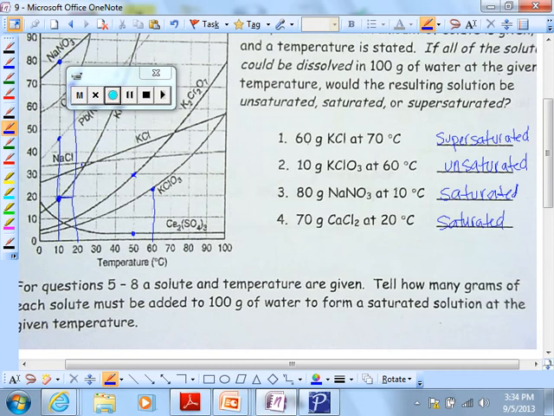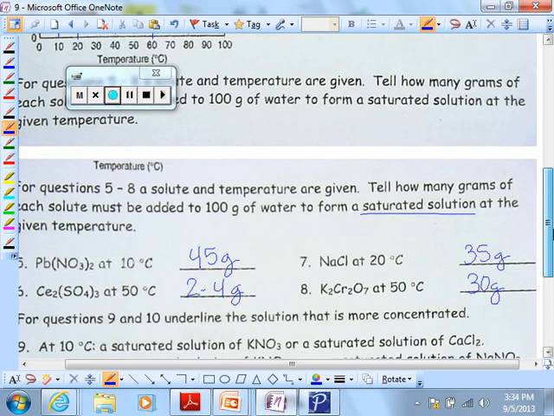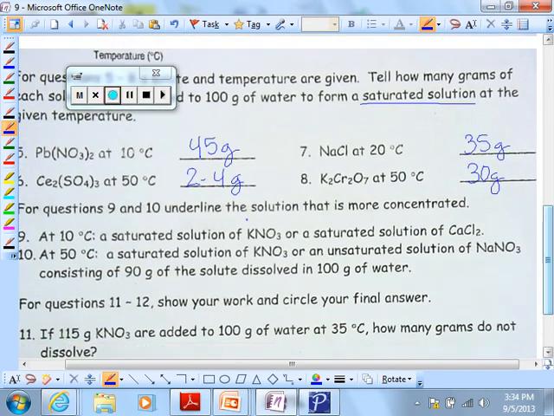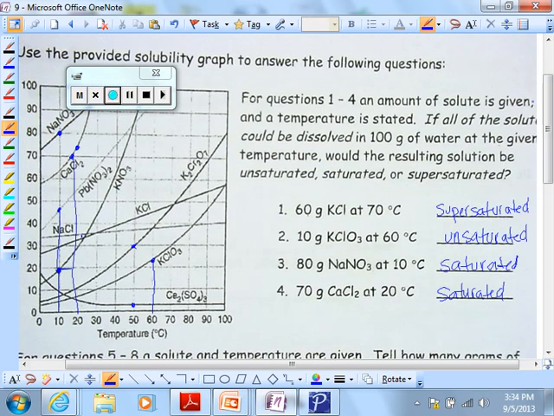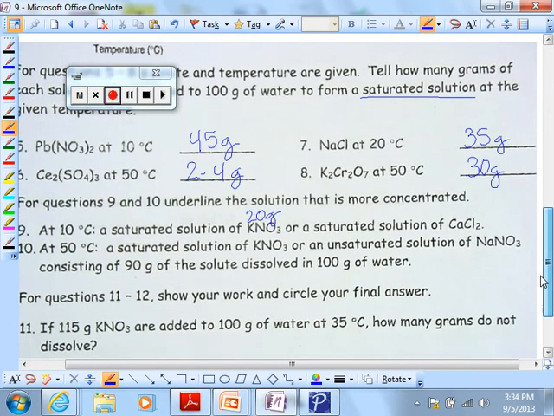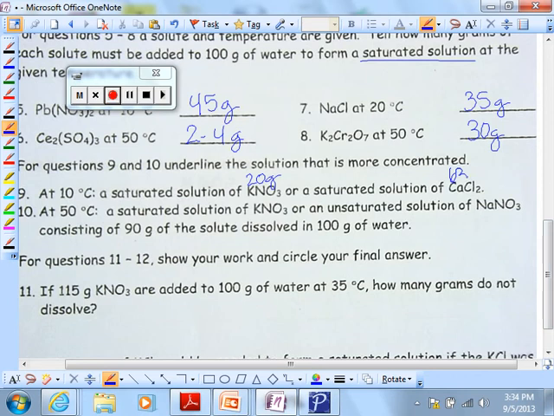That's 20 grams. I'm just going to mark that on here. 20 grams of that. Or the calcium chloride at 10 degrees Celsius. About 63. So which one's more saturated, 20 grams or 63 grams? Just underline the one that's more concentrated.